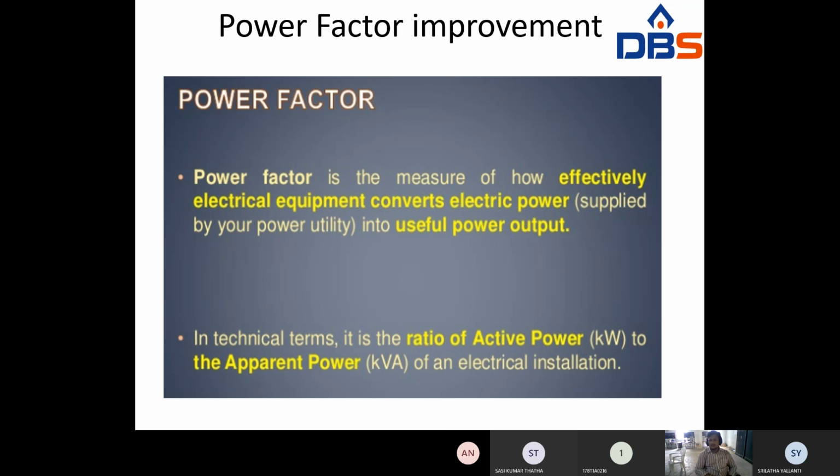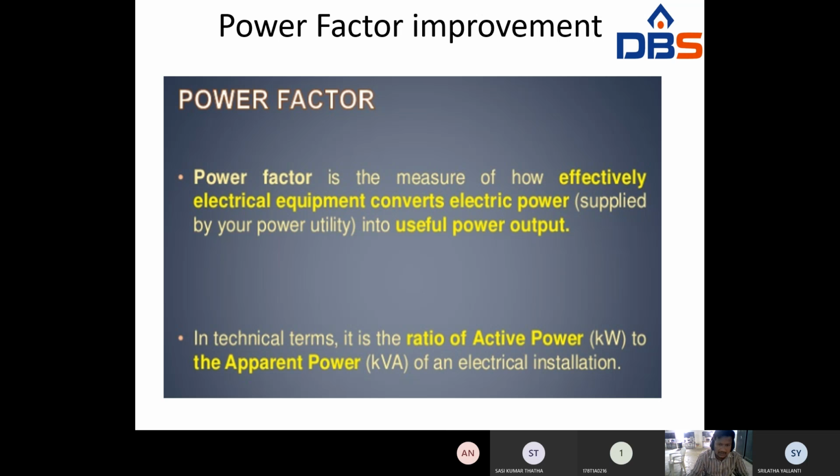We have to draw the power triangle: real power, reactive power, apparent power. From the power triangle, power factor is the ratio of active power to apparent power.